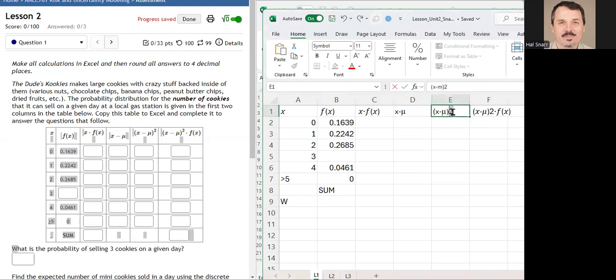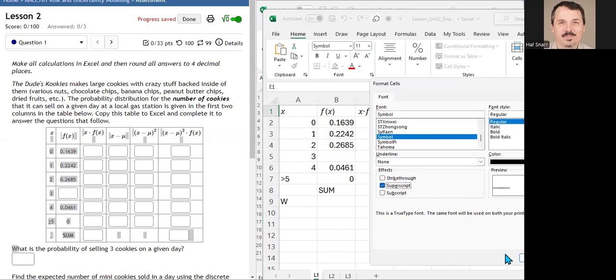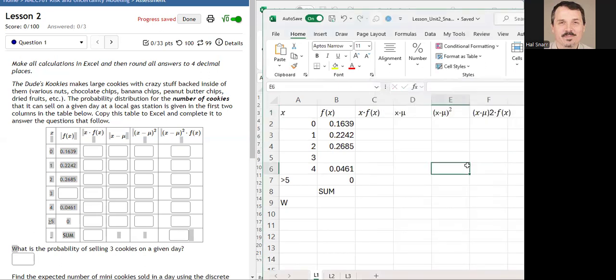I'm going to format this so that it's superscript. And then I'll drag it over here, and I'll change that to 2. And then this is going to be f of x.